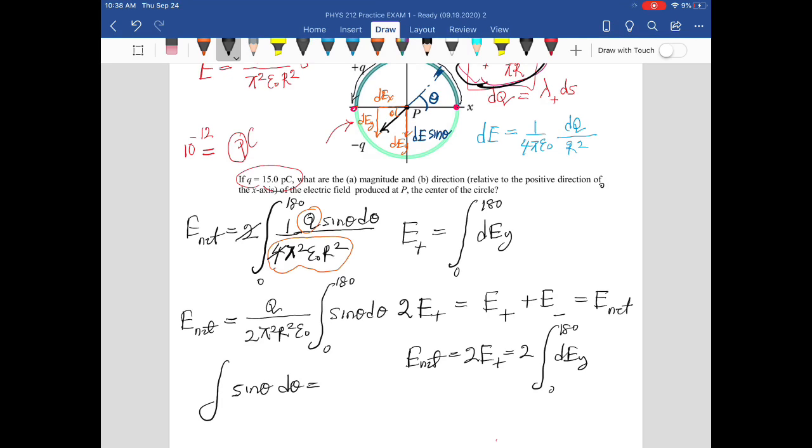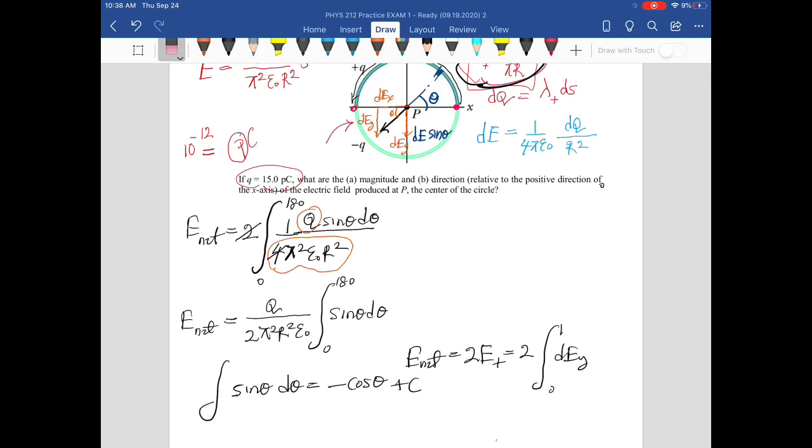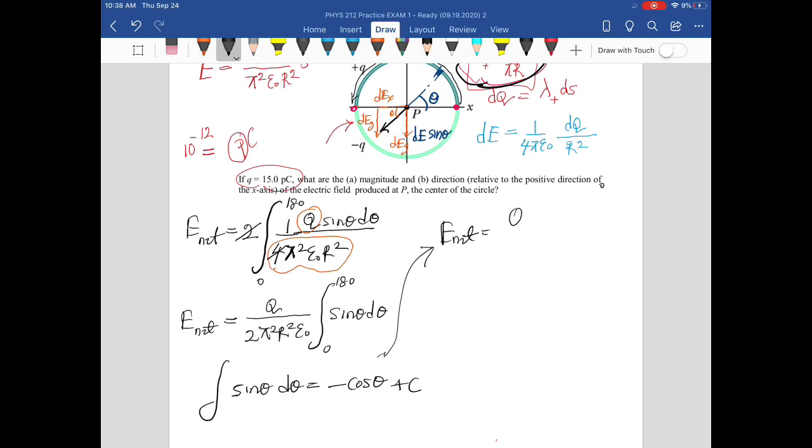Integration of sine theta equals minus cosine theta plus c, an arbitrary constant. Then I can write E net equals q divided by 2 pi squared r squared epsilon naught, times minus cosine theta, with limits 0 and 180.